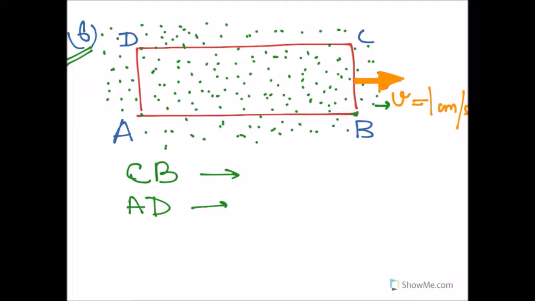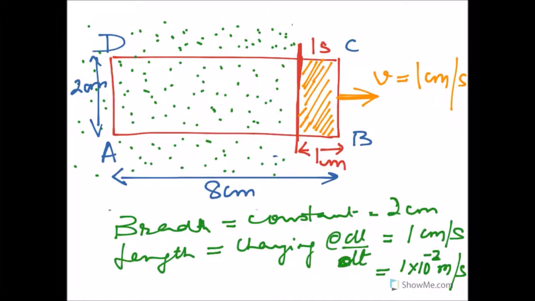So it will start when arm CB starts leaving the magnetic field and will last till the point arm AD leaves the magnetic field.